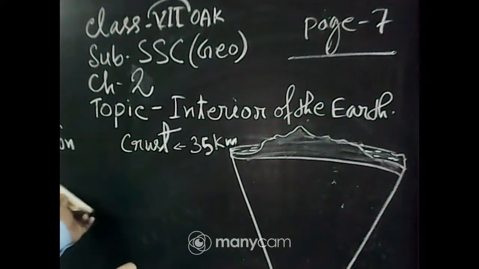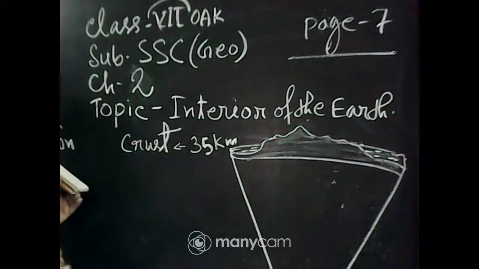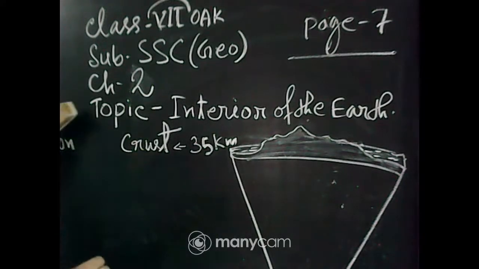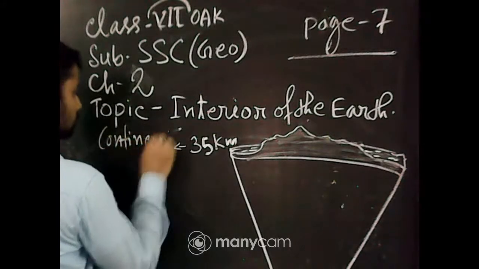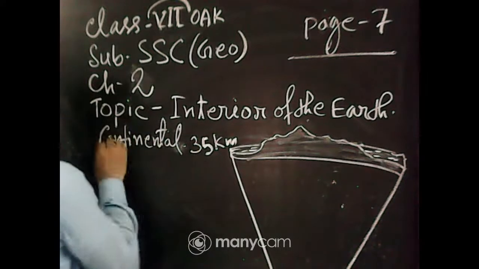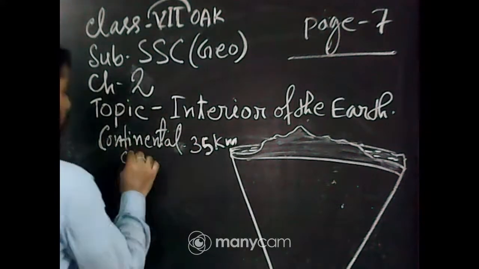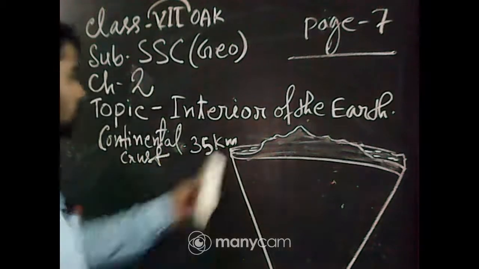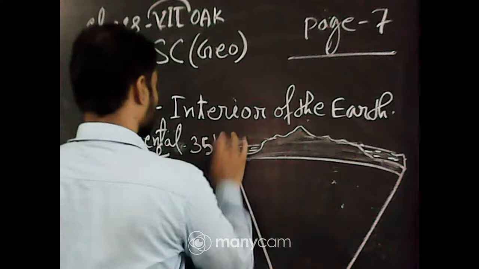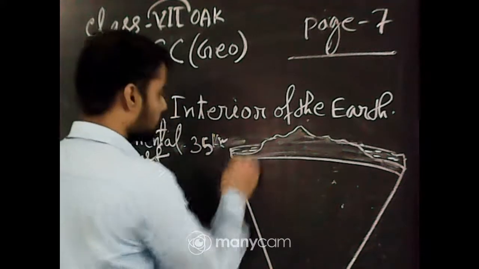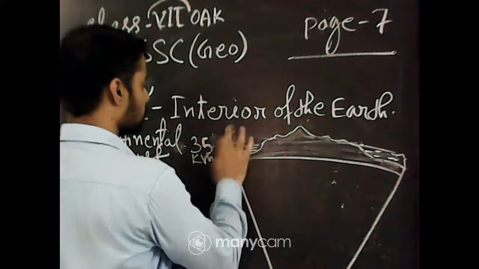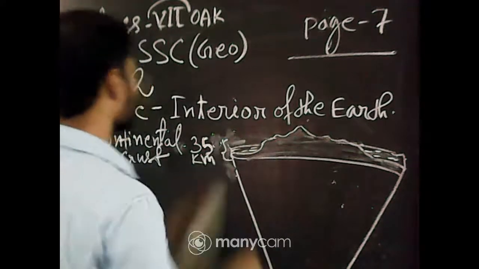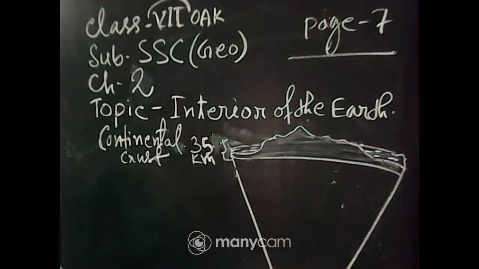Is the board visible? Let's check this part. It is continental crust. So this entire portion, 35 kilometers, this small portion is called the crust.